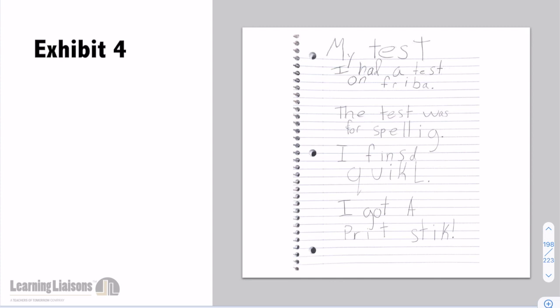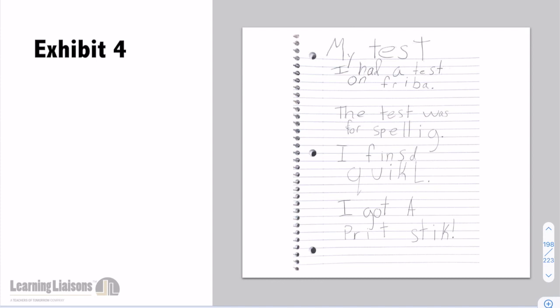With Exhibit 4, we can also look at a writing sample. My test. I had a test on Friday. The test was for spelling. I finished quickly. I got a pretty sticker. All right, well, interesting enough, so we're just kind of finding trends here.